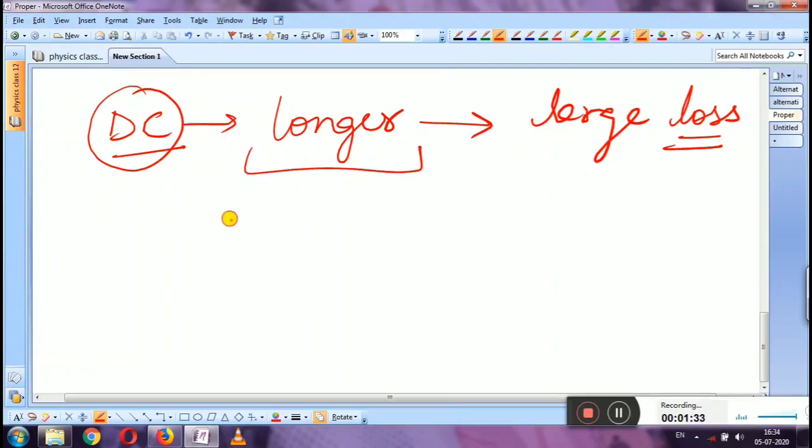That's why we do not prefer DC in case of transmission. We use AC only in case of transmission. This is the second advantage of AC over DC.